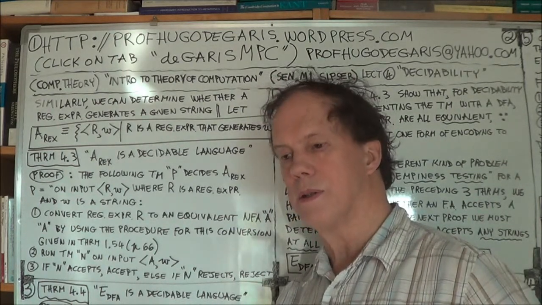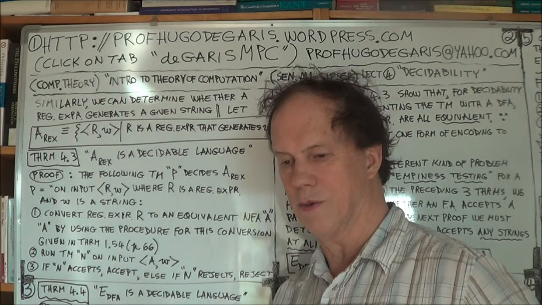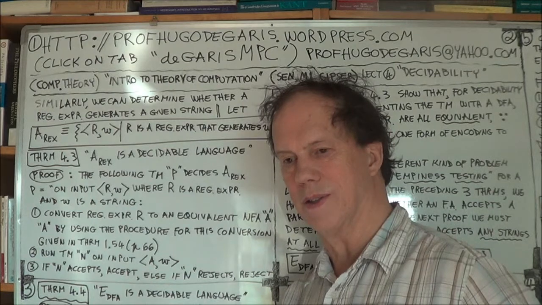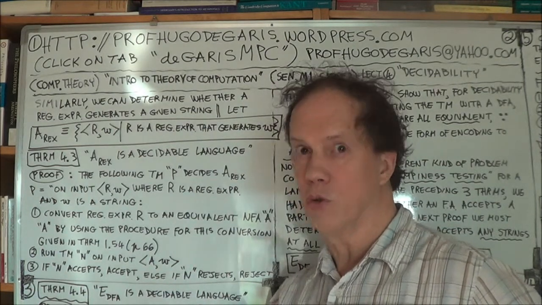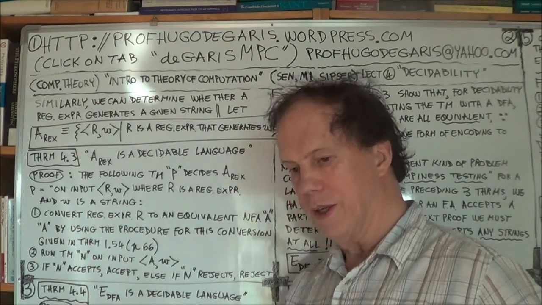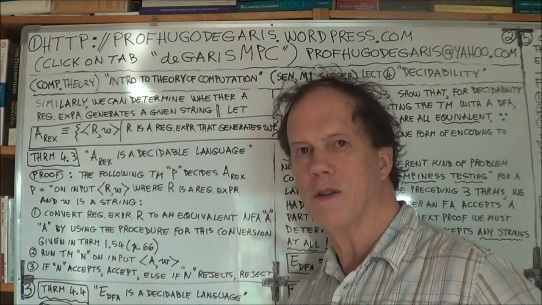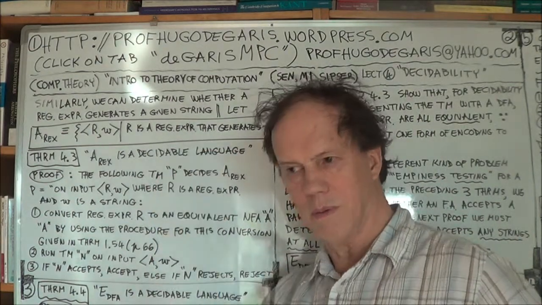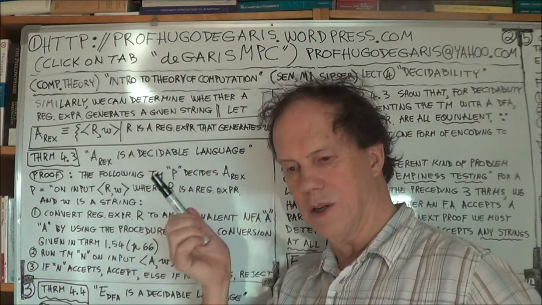And hence, this machine always either accepts or rejects, therefore it decides. So you have a decider, a Turing machine that never loops, right? It always halts. So you have a decider, and therefore you get an answer to your question, yes or no. Does a particular regular expression R generate a string W?